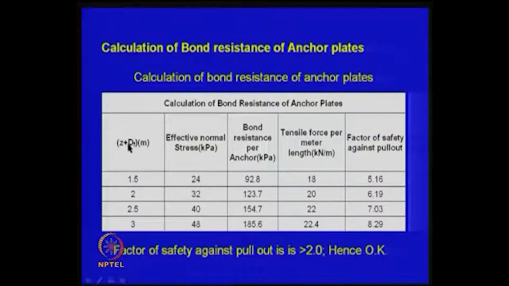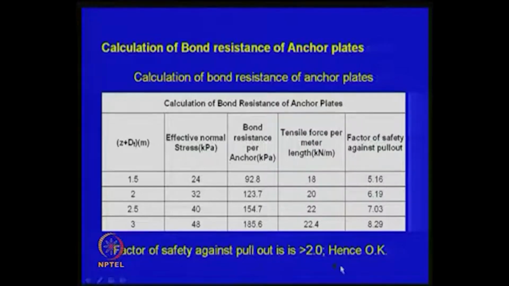So, I just calculated Z plus df, and then the effective normal stress, 24 kPa, 32 kPa and so on. Bond resistance as per anchor you can calculate, and tensile force per meter is already given, we got it from the previous table for each layer. For the factor of safety against pull out, I use that particular equation and get these numbers, and calculate the bearing stress also.